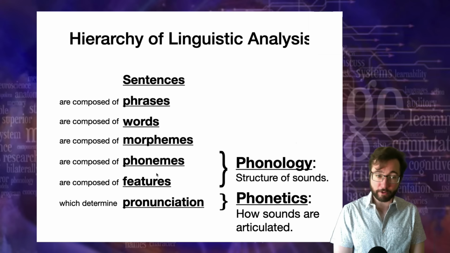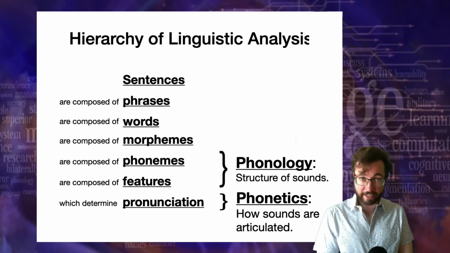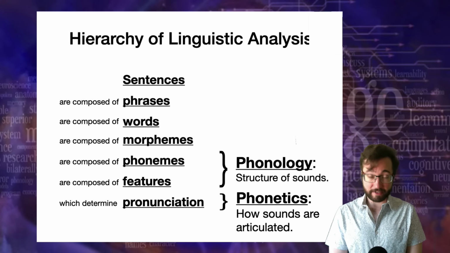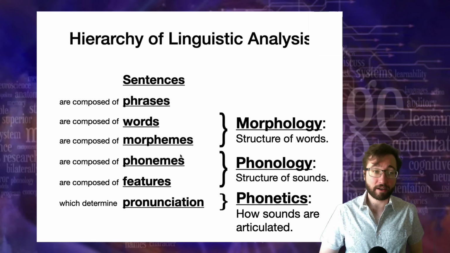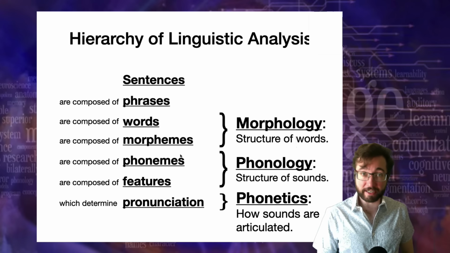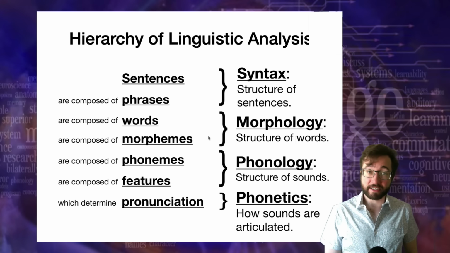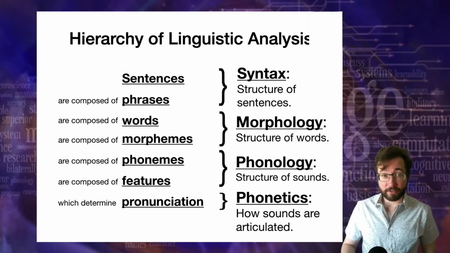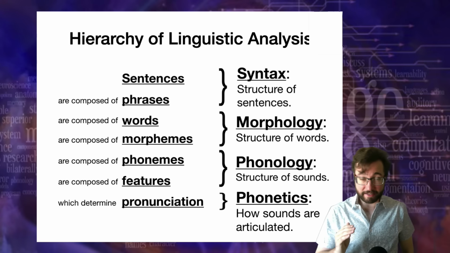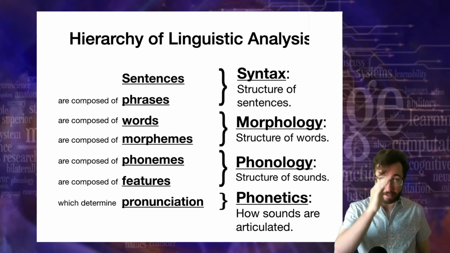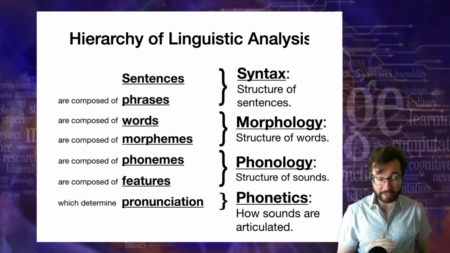When you are studying phonemes and their features, then you're studying phonology, which is the structure of sounds in languages. When you're studying words and morphemes, you're studying morphology. When you're studying sentences and phrases, you're studying syntax. So these are the levels of linguistic analysis, and they are the subfields of linguistics.